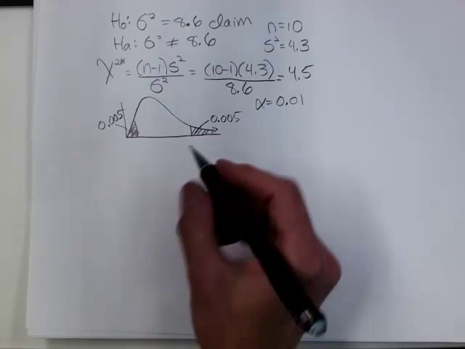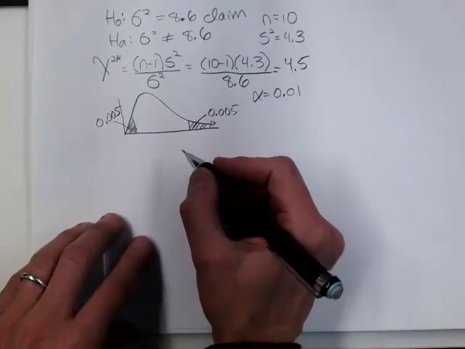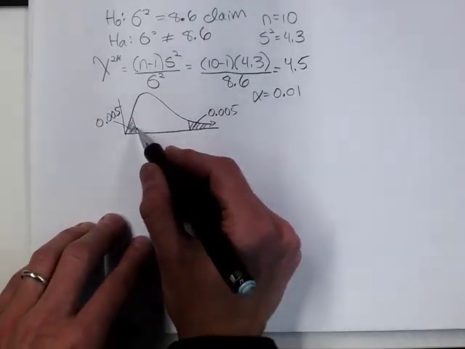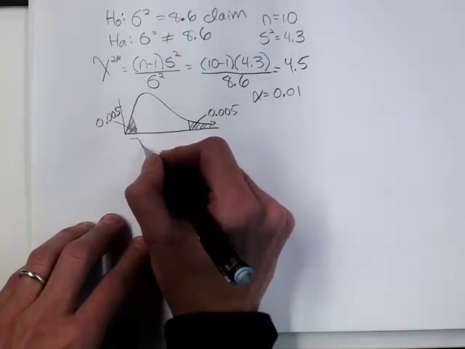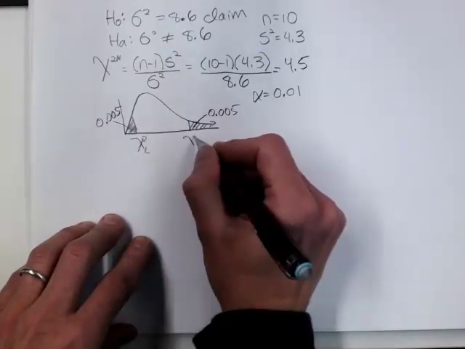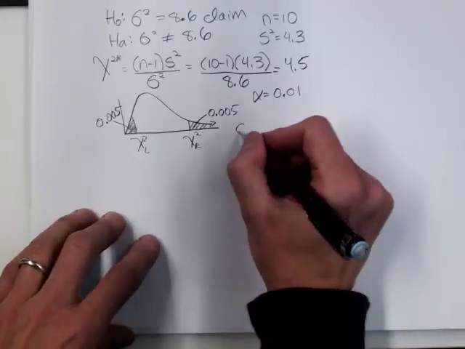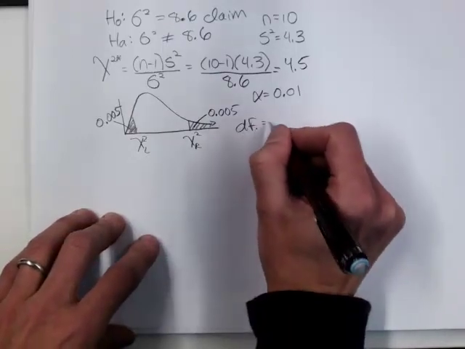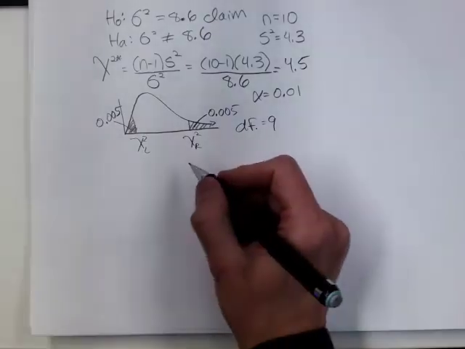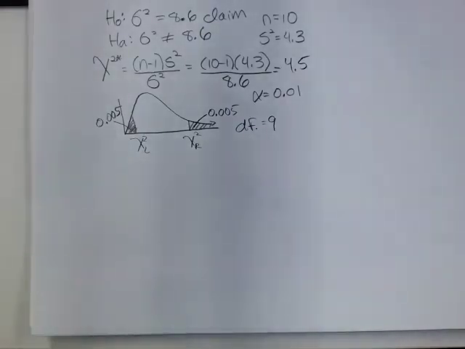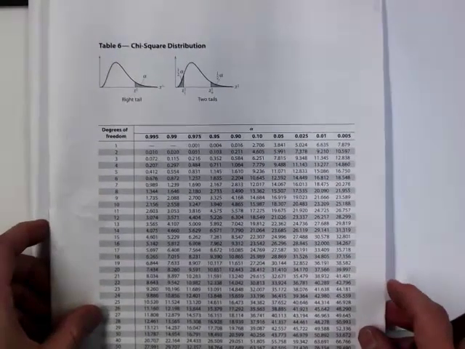I need to go to the table twice because the table reads from the critical value to positive infinity. I'm going to be getting two critical values in this case. The degrees of freedom will be 9. Let's find the upper one first because that's the easier one to find.